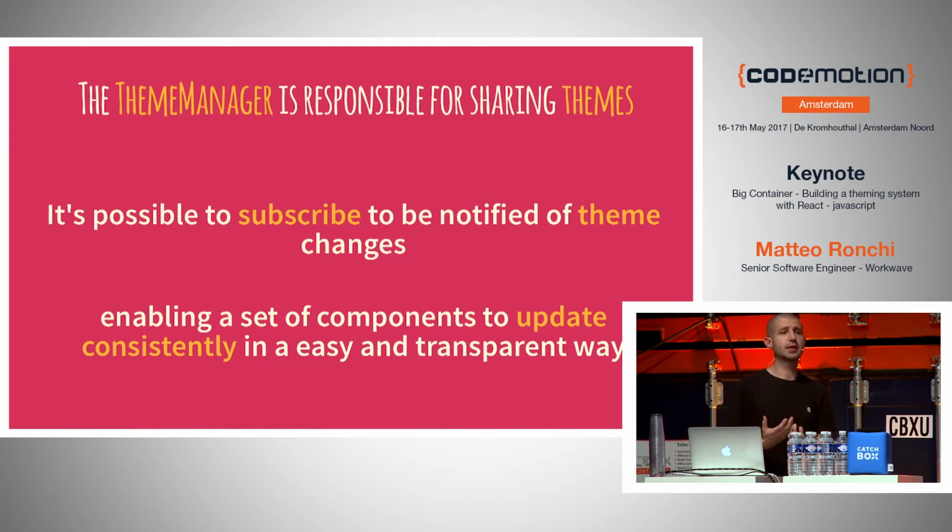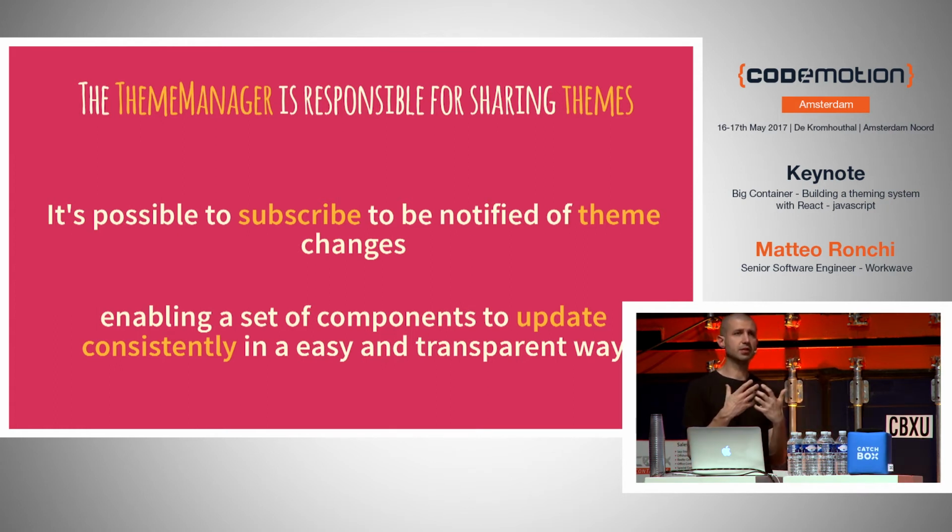And every application, or every piece of code you write, can subscribe to your theme manager and be notified every time the active theme changes, for a what-you-see-is-what-you-get application, for example. Or if the active theme is being changed, so we are swapping the blue theme with the green theme, for example.